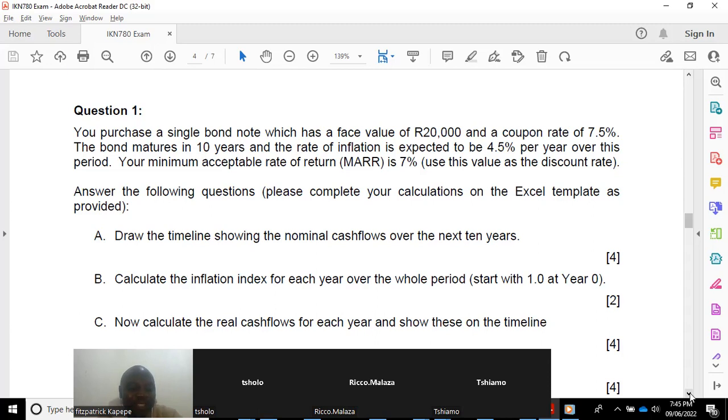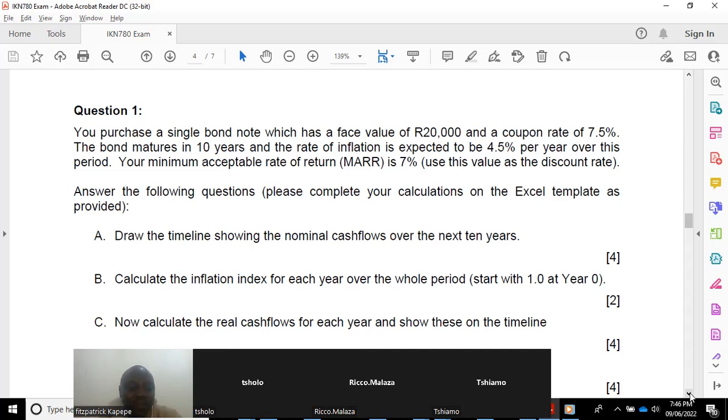Nominal rate is basically the value of money. That is what you have. So if you have 150 here, it will be 150. But then for the $150 or rands that you have, what's the real rate? Then you start factoring in, adjusting inflation and all that.